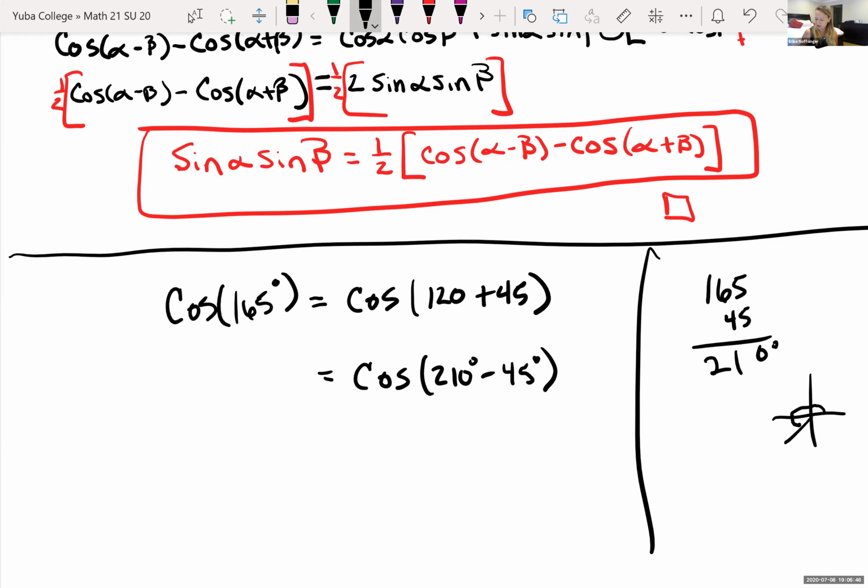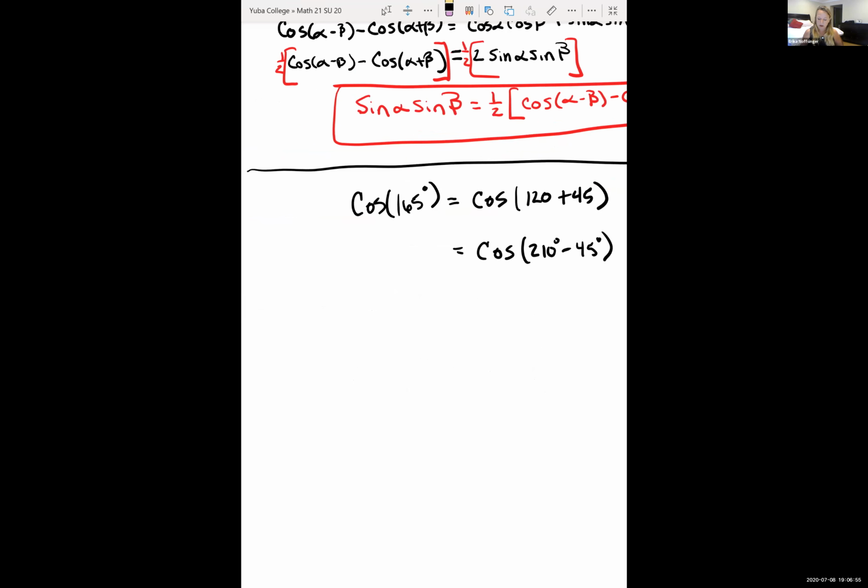Any other questions? I think that 165 too, we probably could have done as a half angle. Let me just see, 165 times 2 is 330. Yes, so we could have even done this as a half angle, because 330 degrees is an angle that we know.